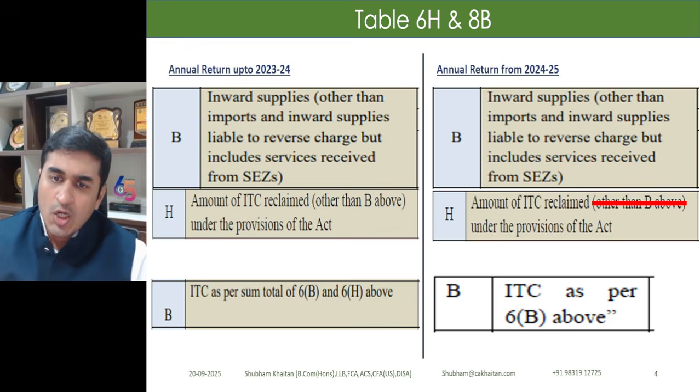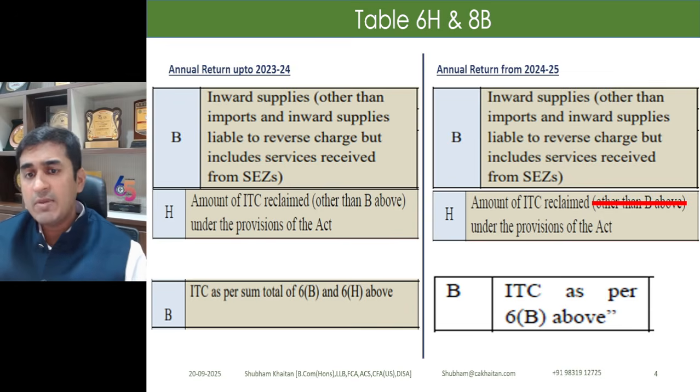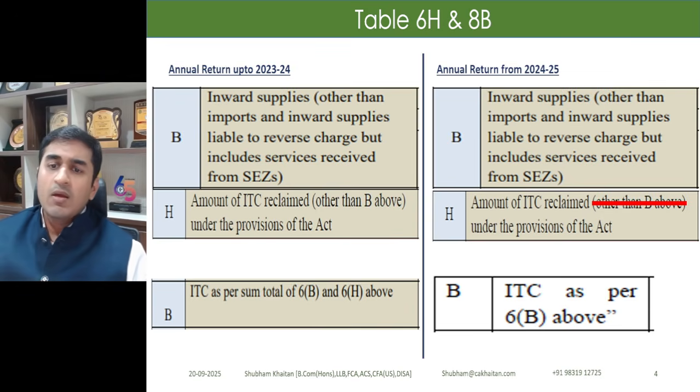That means whatever is my gross ITC availed in table 8B, in my table 6B, before performing reversals in table 7 or table 4B, and before identifying the reclamation, all I have to do is take the ITC as per 2B completely.